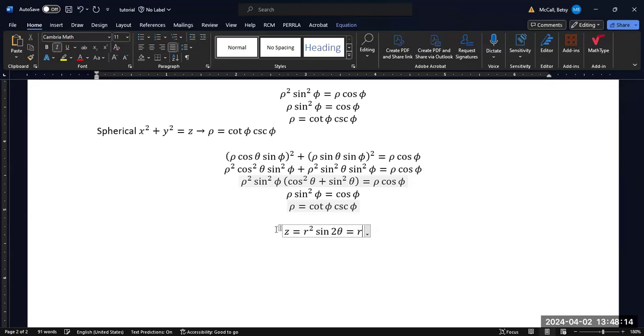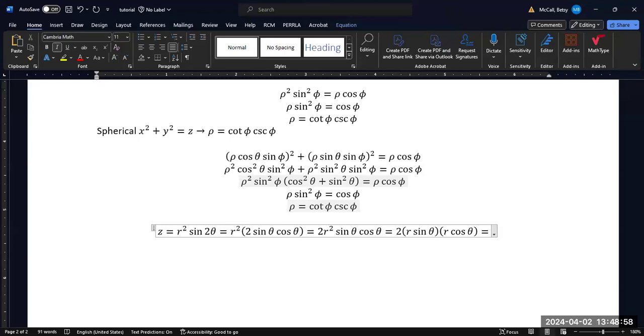So sine 2 theta is 2 sine theta cosine theta. And so that's going to be 2r squared sine theta cosine theta. And since we have information that involves r sine theta and r cosine theta, I'm going to split this into r sine theta and r cosine theta.